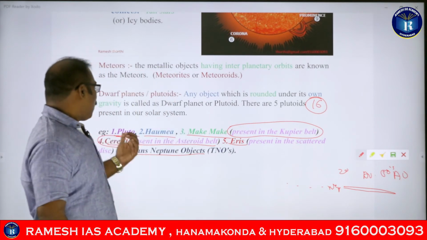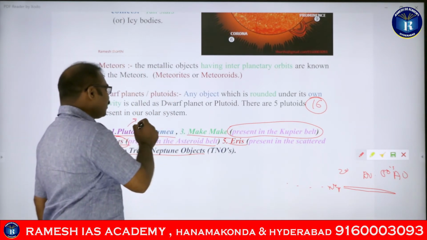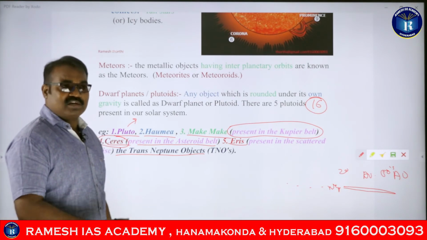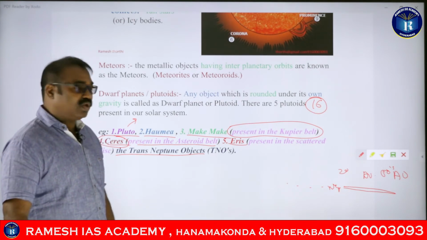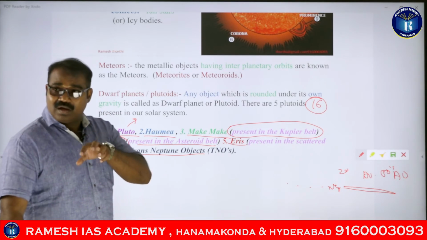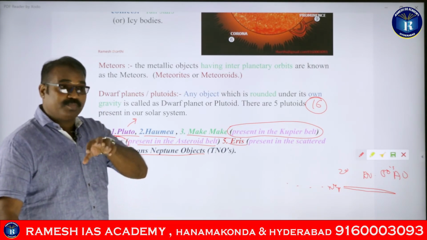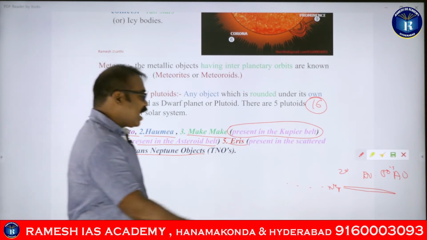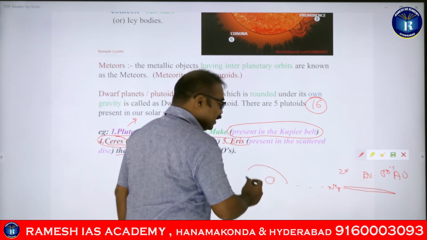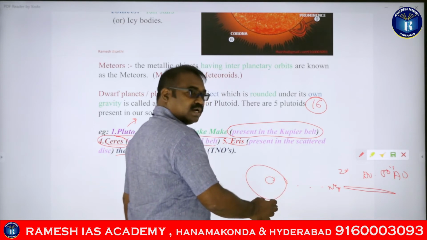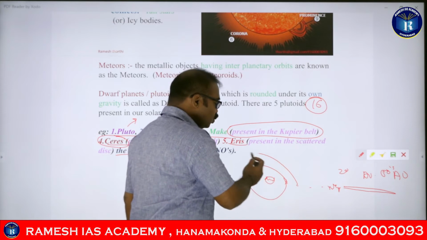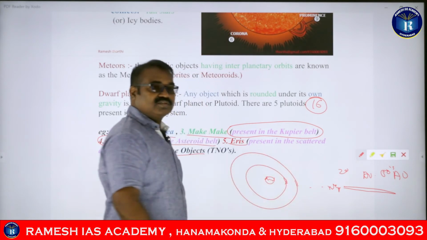So why has this Pluto been taken out from the ambit of the solar system? Because previously the Pluto was part and parcel of the solar system. Any object should be called a planet in the solar system only if it has its own orbit, revolving around the sun, and that orbit should not cut the orbit of the others.